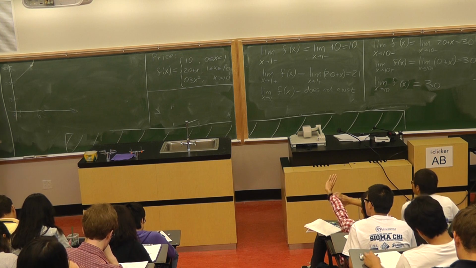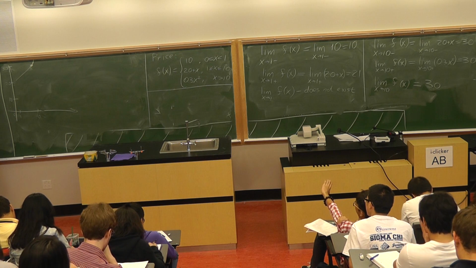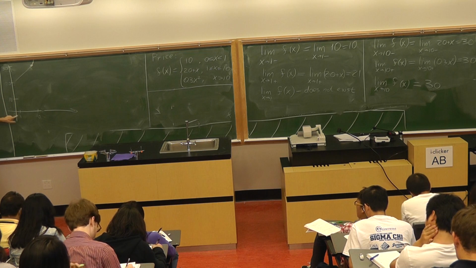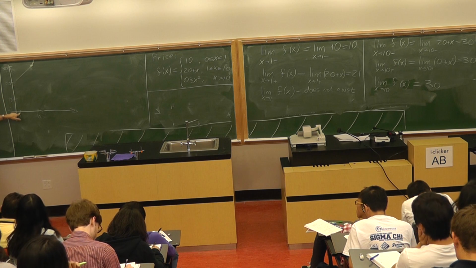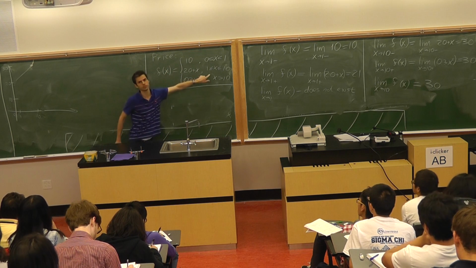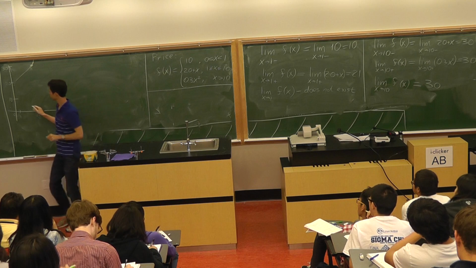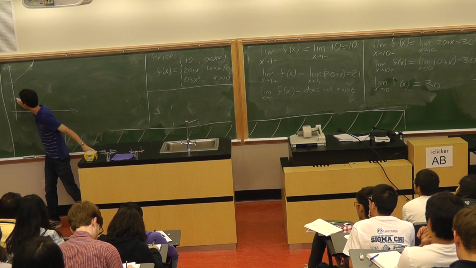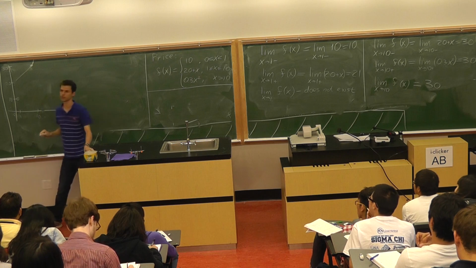And, well, to make this graph precise, you have to also take care of what happens at the point 1. So at the point 1, we use not this definition, but rather this one. To make sure that we don't confuse the two definitions, we put an empty circle like this.